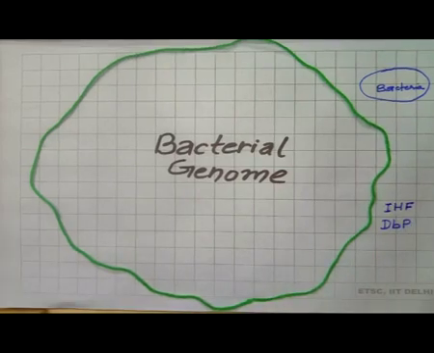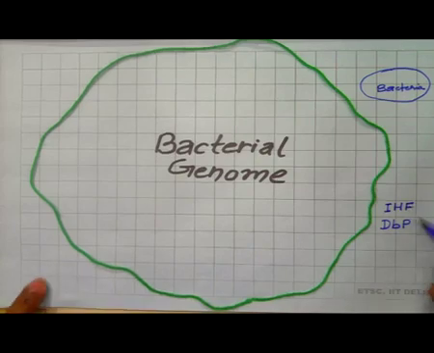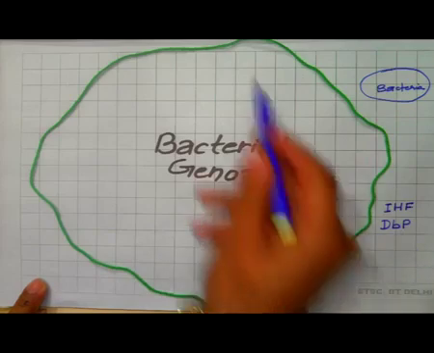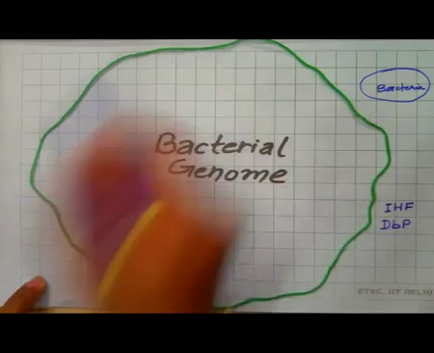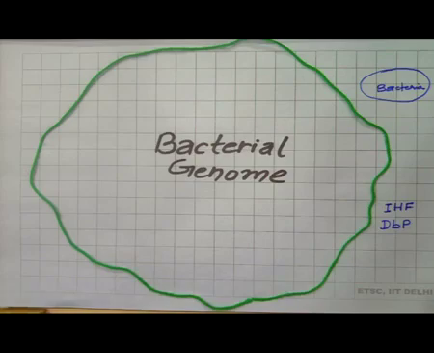These two proteins will help the bacterial genome to be incorporated in a bacterial cell which is very small in volume. With the help of these two proteins, the bacterial genome will form loops. Let us see how they will form the loops.